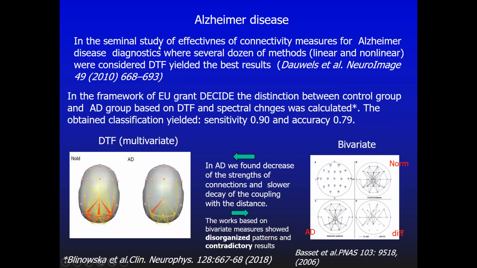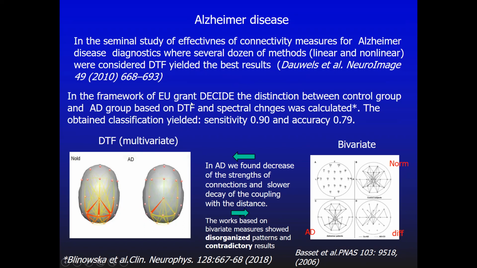So in the seminal broad study of effectiveness of connectivity measures for Alzheimer's disease diagnostics, where several dozen methods, linear and nonlinear, were considered, DTF yielded the best result. Okay, it was not all well.